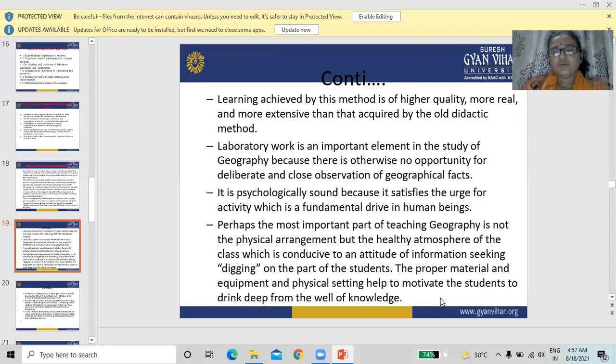The proper material and equipment and physical setting help to motivate the student to drink deep from the well of knowledge.